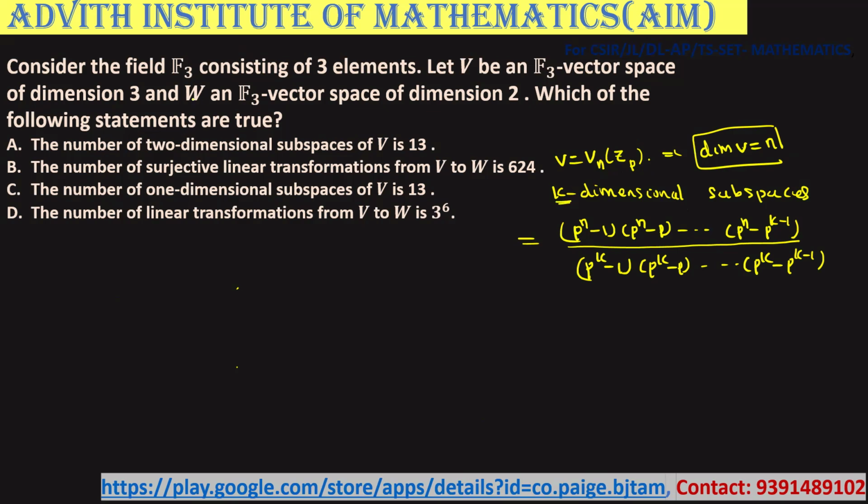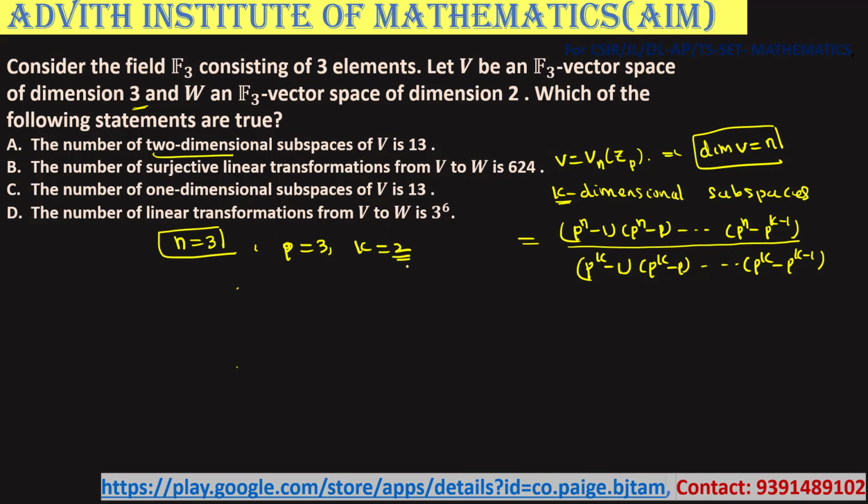We are told V is a 3-dimensional space. That means n should be 3, right? And the field is F3, so p should be 3. We need 2-dimensional subspaces, so k is equal to 2.